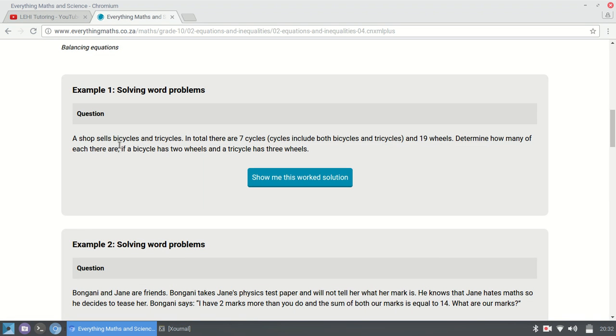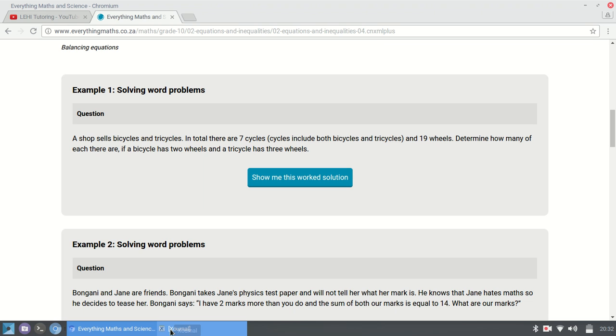So we have a shop selling bicycles and tricycles. Now, whenever you have a word problem, you're going to need variables, right, which are letters in this case. I like to make letters that have to directly do with the problem.